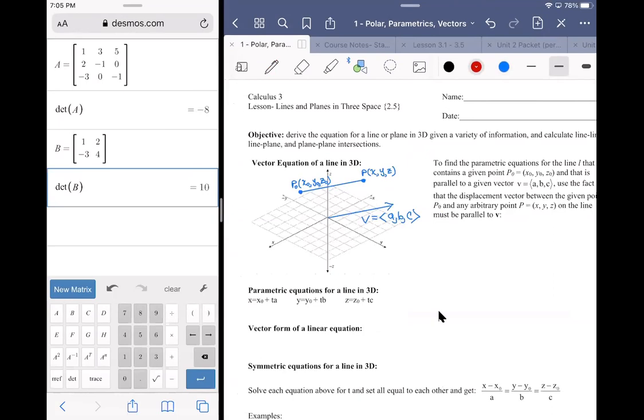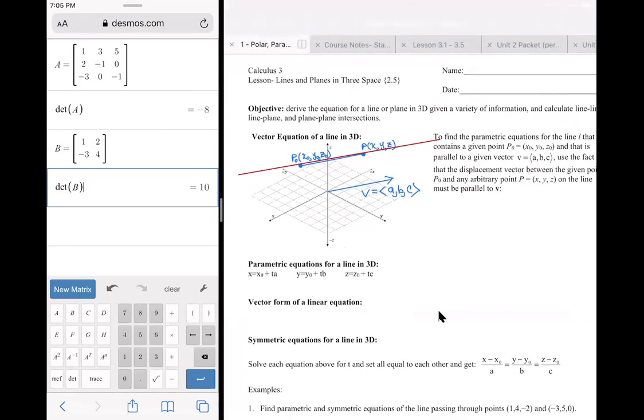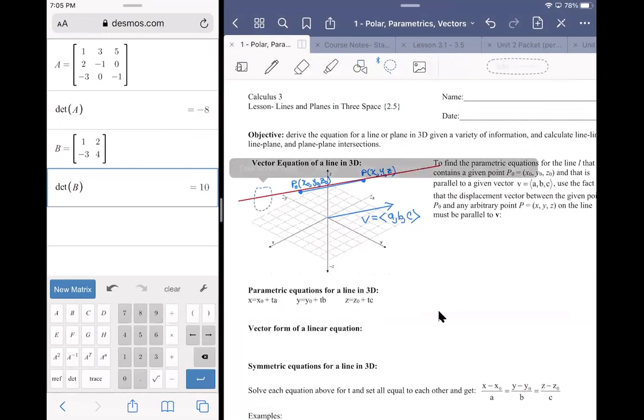This is a line segment, but it's part of a grander conspiracy. No, it's part of a bigger line that extends off infinitely in either direction.